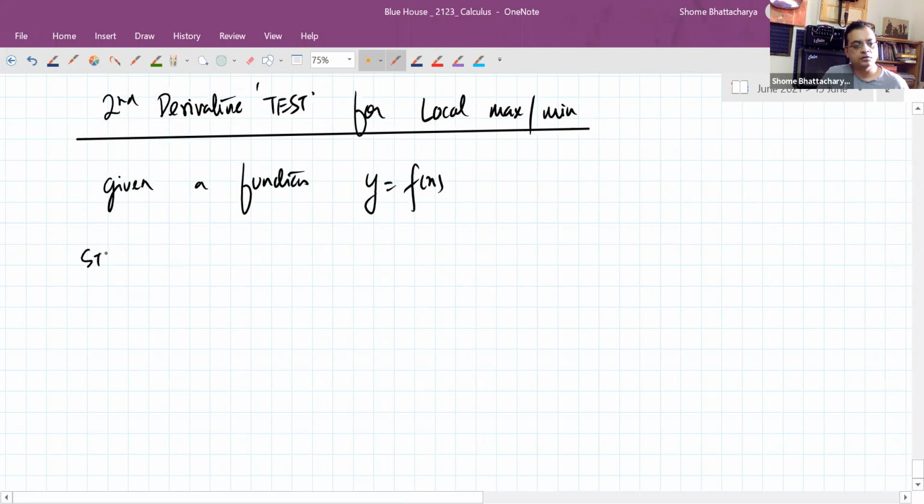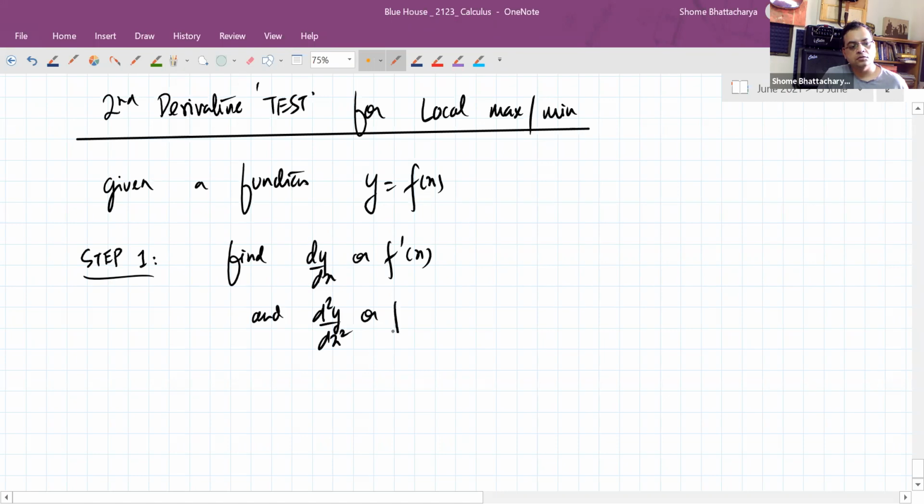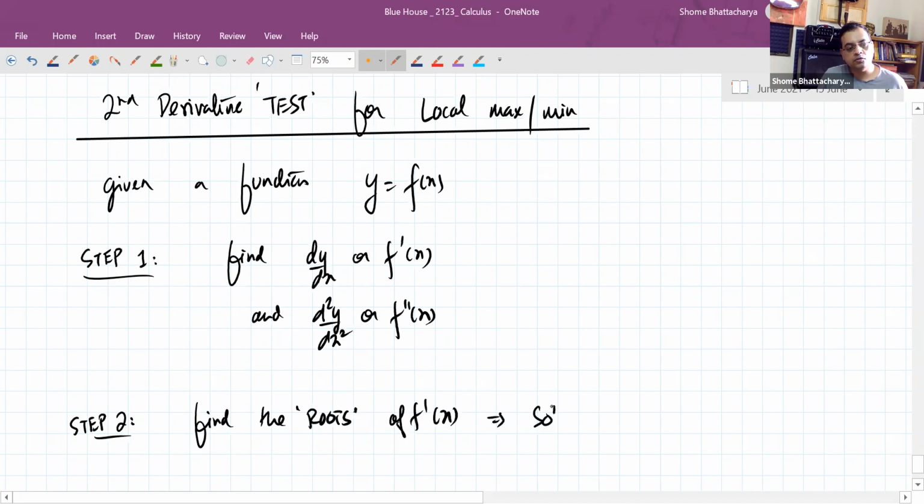Okay, step one, find dy by dx or derivative and d2y by dx square or second derivative. Okay, then step two, we find the roots of f prime x, or in other words, solve for f prime equal to 0.